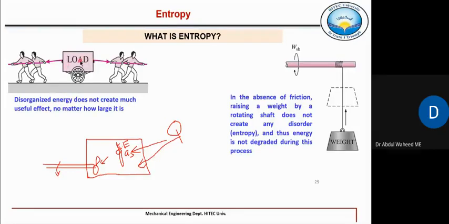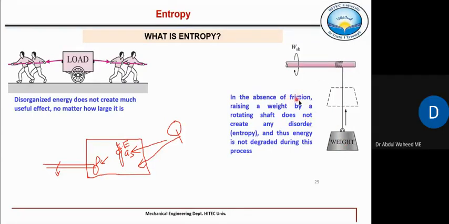Disorganized high energy means very large entropy. Now, if we compare it with this case, what is happening here? In the absence of any friction, this is a shaft which is movable, and it is attached to this weight, which can be lifted up or down.